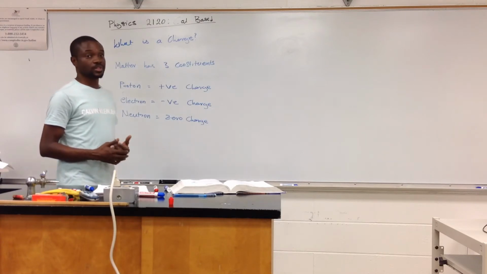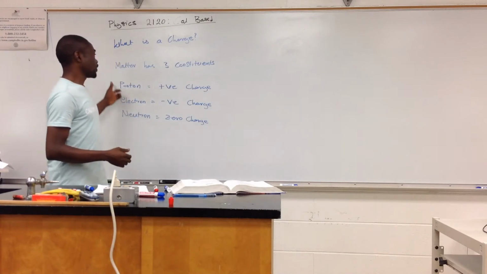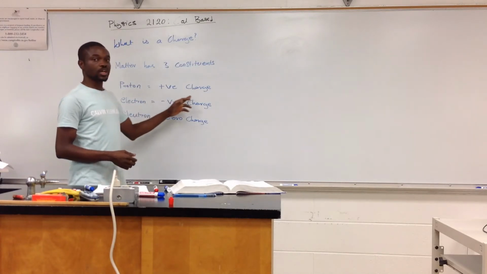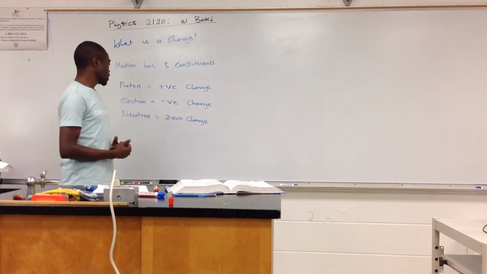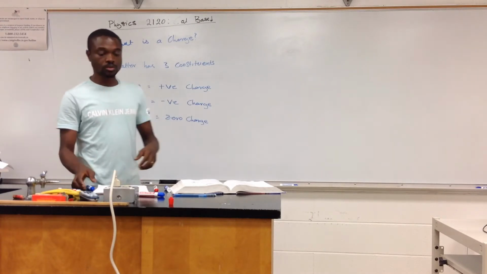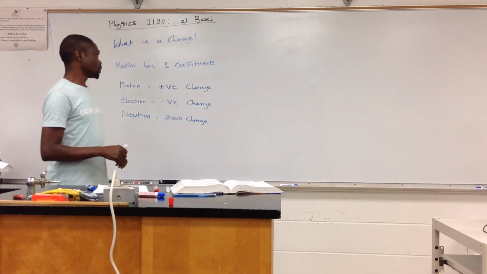Matter has about 3 constituents. We have the proton, which is positively charged, the electron, which is negatively charged, and neutron, which has no charge, or it has a zero charge.